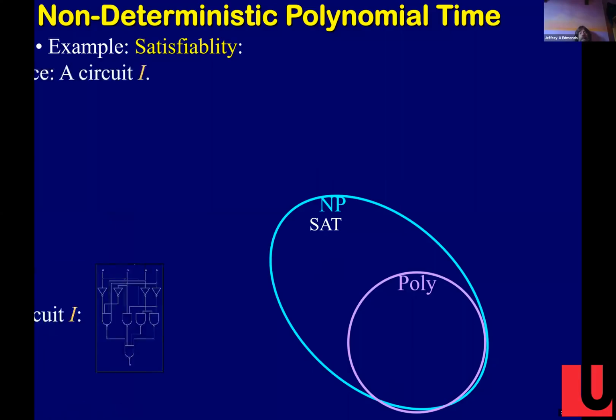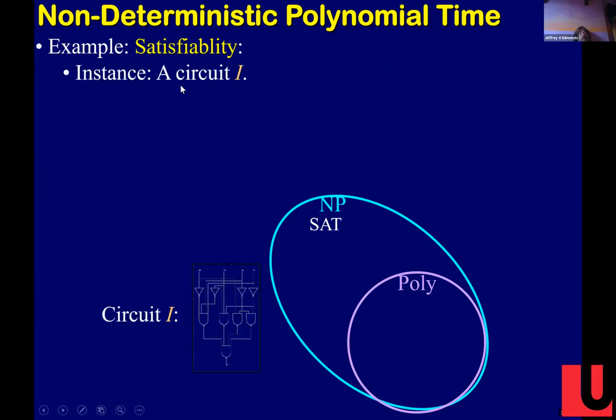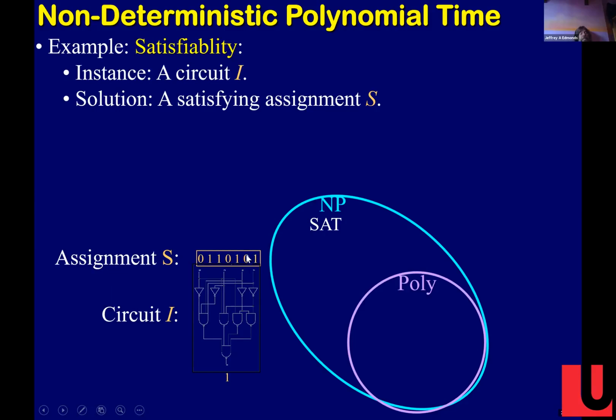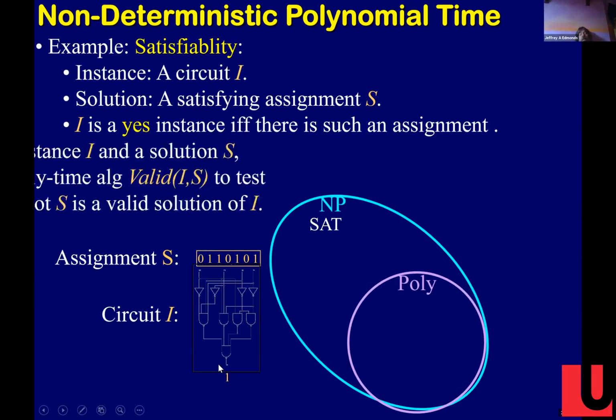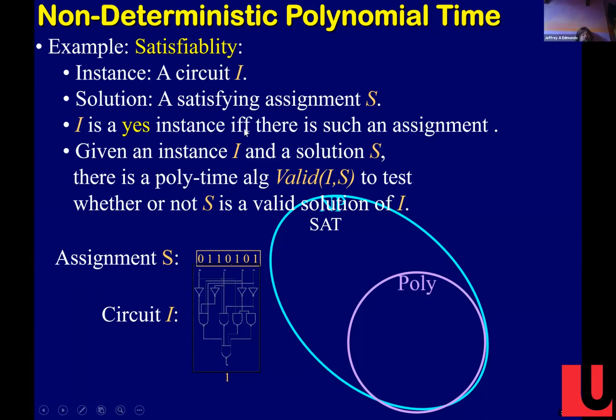But here's another question, is circuit satisfiability. The input is a circuit and a solution is an assignment. And a solution is a yes instance if it has a satisfying assignment, one that you plug in and you get yes at the bottom. You get 1 out at the bottom, true. And so then the question, given an input and a solution, it's easy to see if it satisfies it, right?